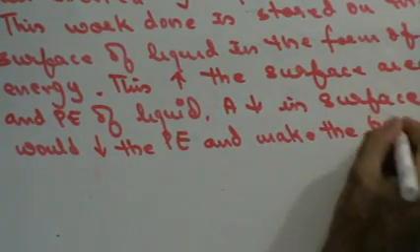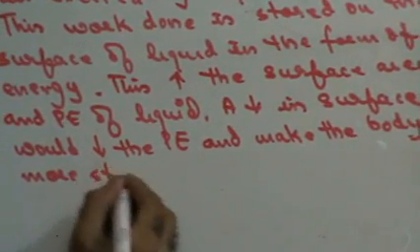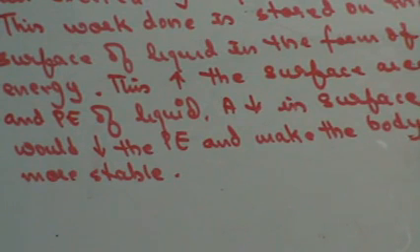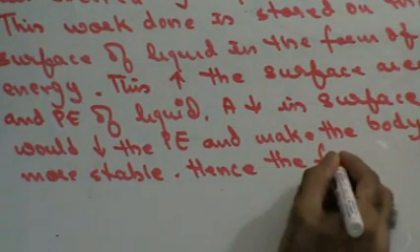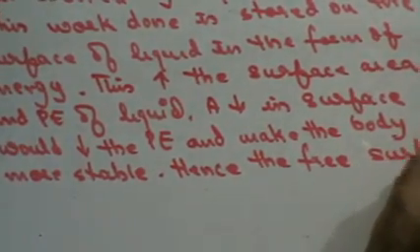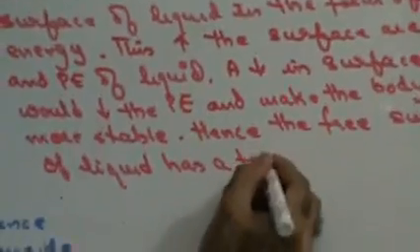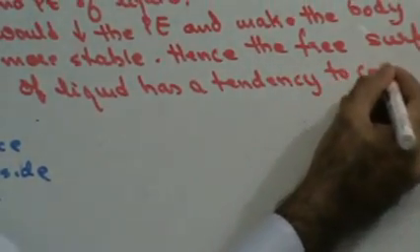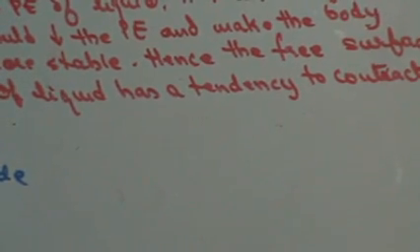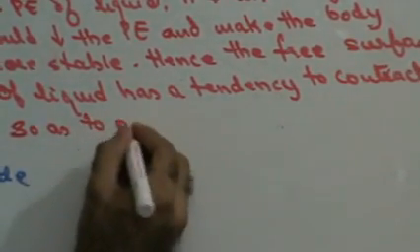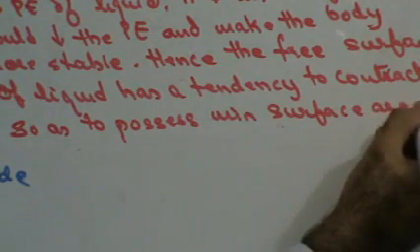So I can say that in order to make the body more stable, hence the free surface of the liquid has a tendency to contract, so as to possess minimum surface area and minimum energy.